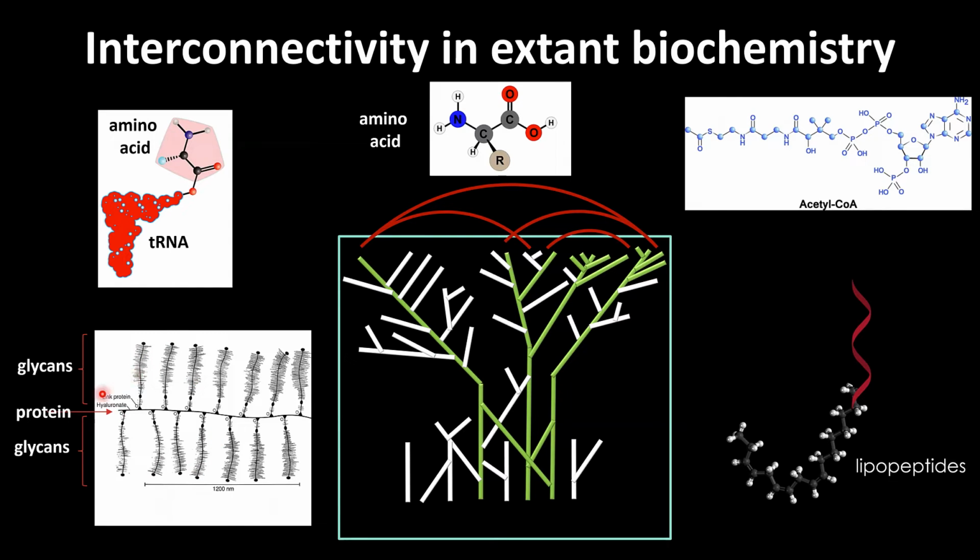So here we see that many glycoproteins and proteoglycans are actually linking proteins and glycans together. And we know that glycans that are covalently linked to proteins comprise about 50% or more of the total molecular weight of glycoproteins. And acetyl-CoA here is a major player in metabolism and contains amino acids, phosphates, and adenine, which is a nucleobase.